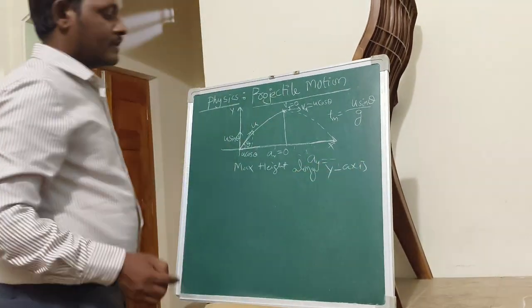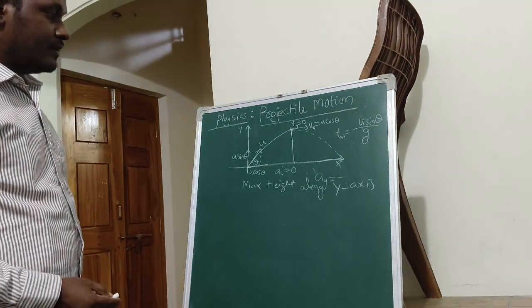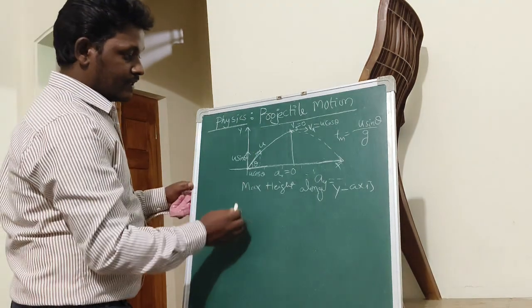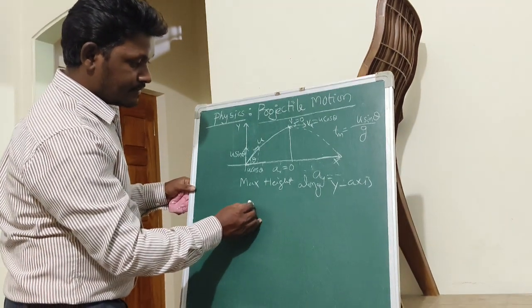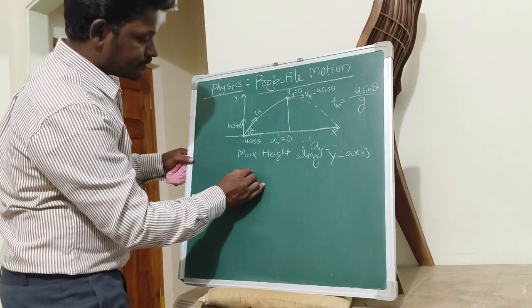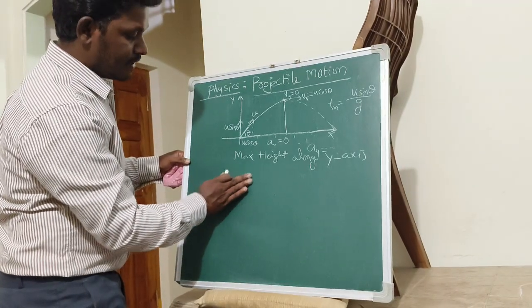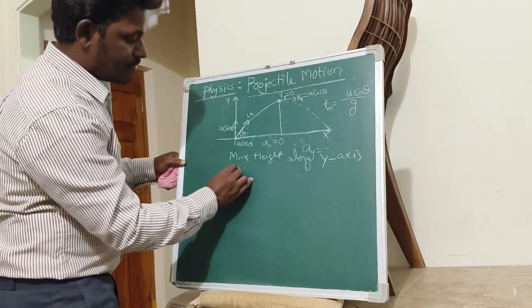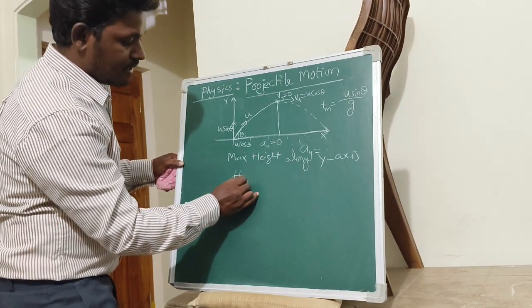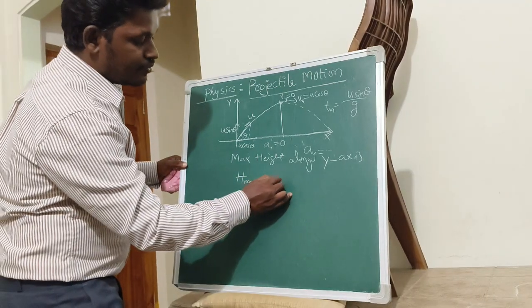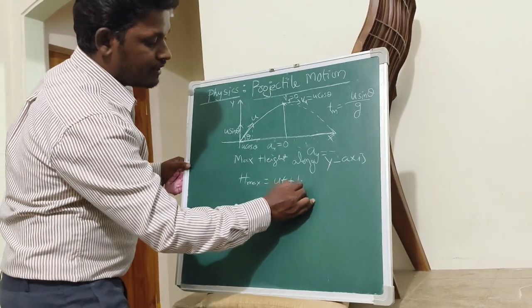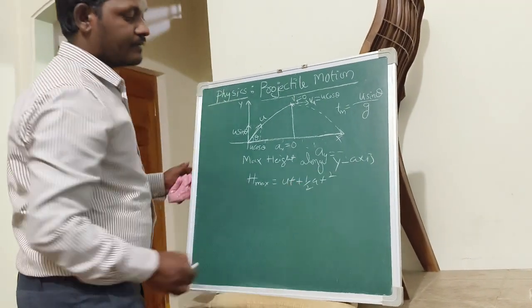For that, let us take s as the maximum height. In the place of s I am taking h max, that is ut plus half at square, which I am using.